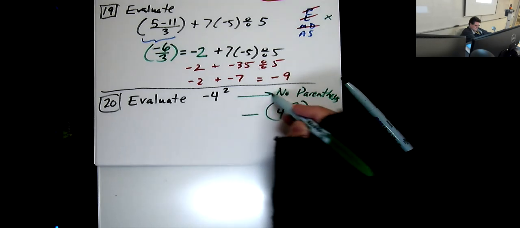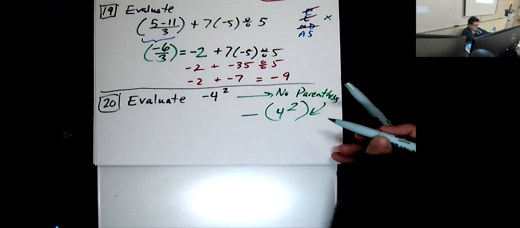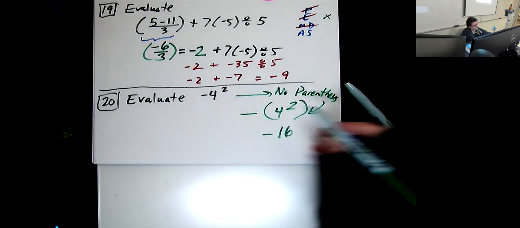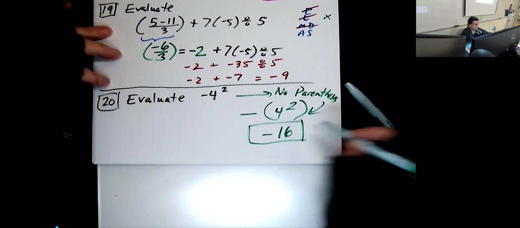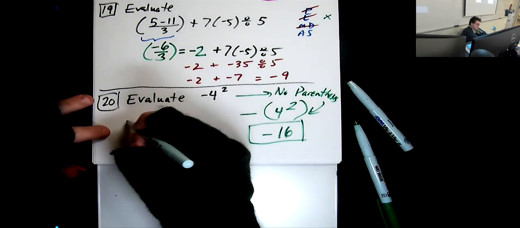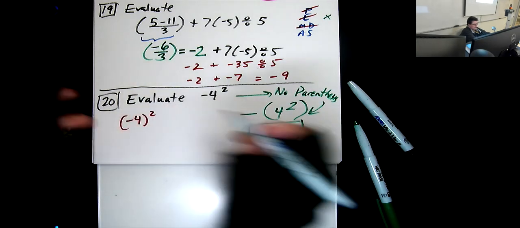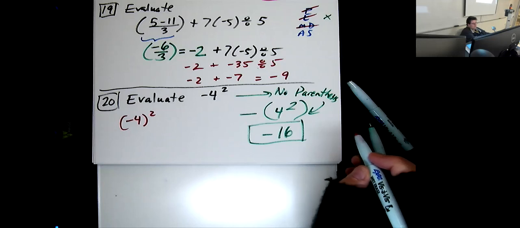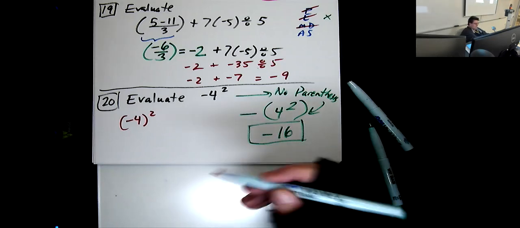No parentheses means I would do this: 4 squared is 16, and then I have a negative sign. If it was written as this, I'm including the negative, and so then we count how many to go. If it's even, you make it positive.